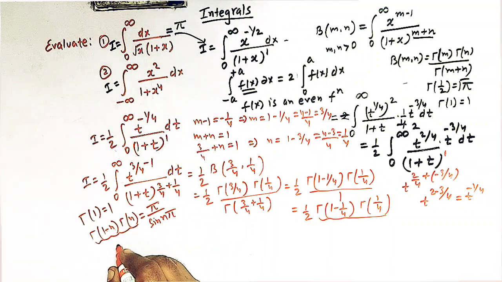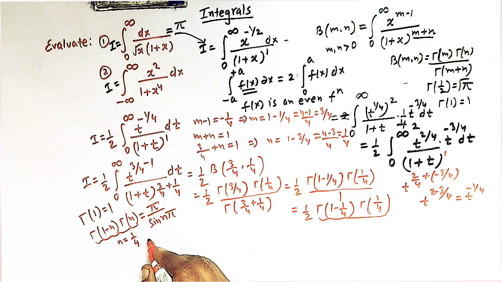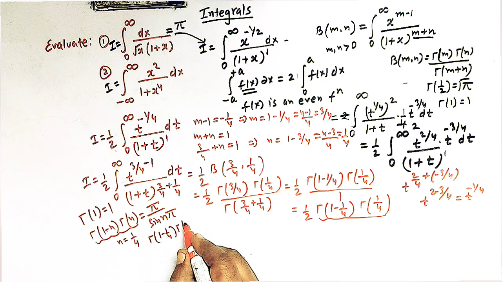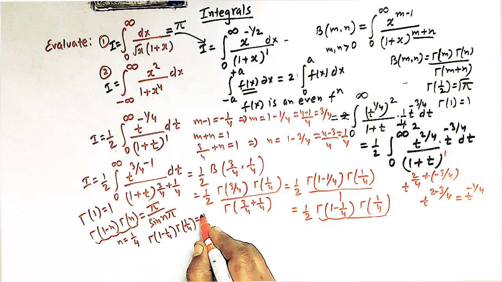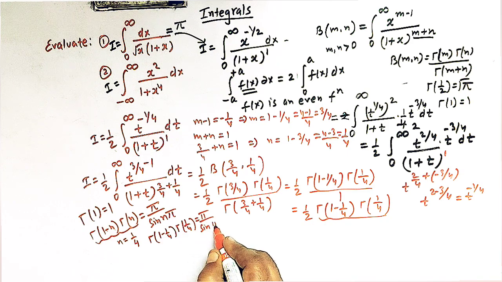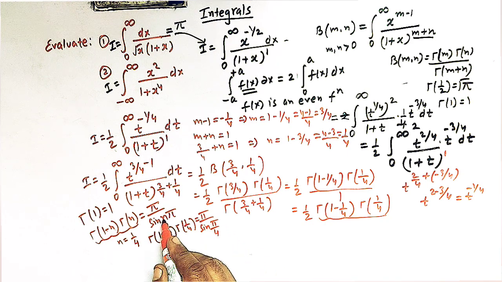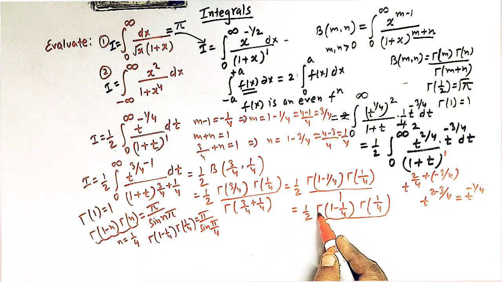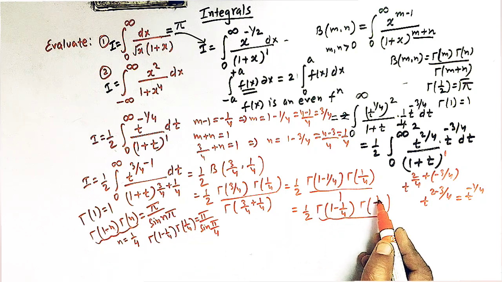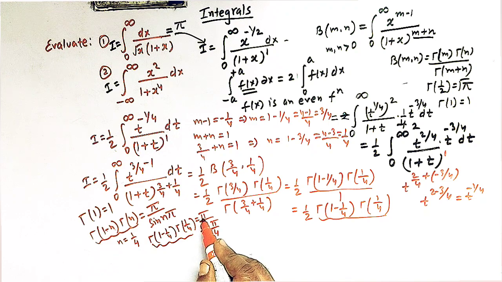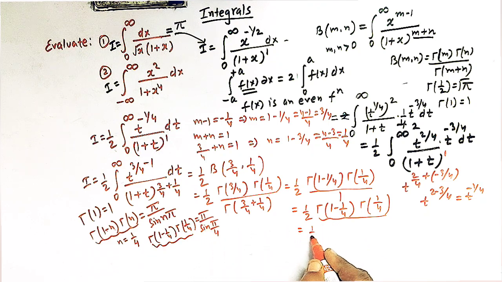So now if we take n is equal to 1 over 4 in this formula, then we have gamma 1 minus 1 over 4, gamma 1 over 4, that is pi over sine pi by 4. N is 1 over 4. So gamma 1 minus 1 over 4 times gamma 1 over 4, this expression is equal to pi divided by sine pi by 4. So here we can now write half and pi over sine pi over 4.